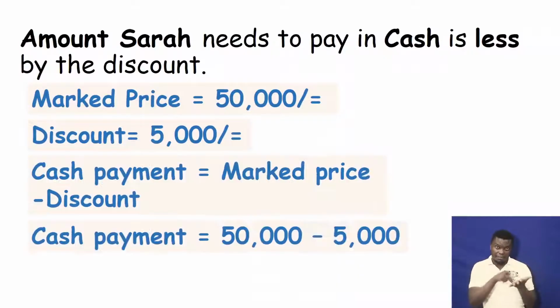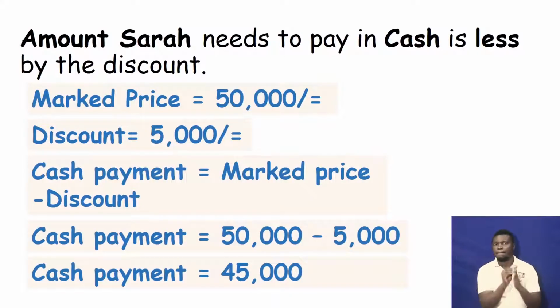The cash payment is marked price minus discount, and that's going to give us 50,000 minus 5,000, and that is going to give us 45,000. Therefore, the cash payment that Sarah is going to make for this dress is 45,000 Uganda shillings.